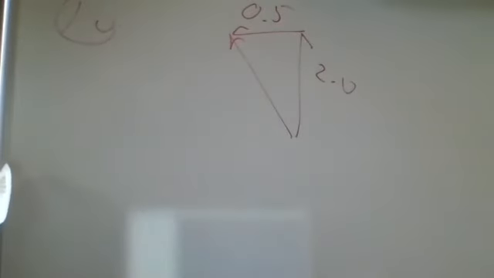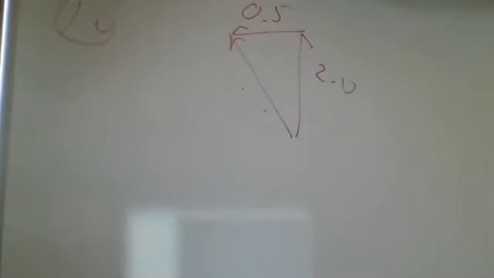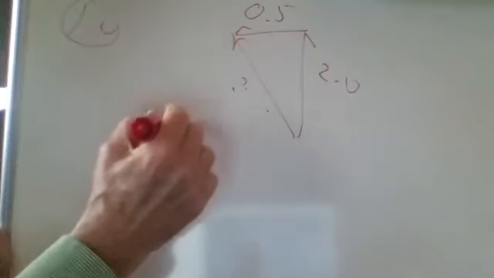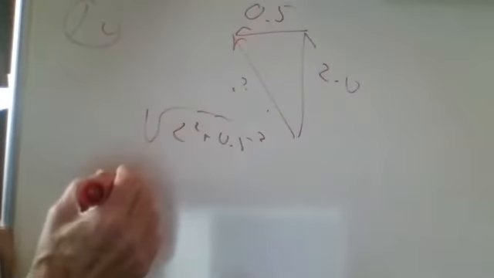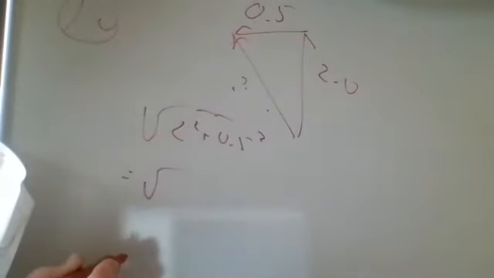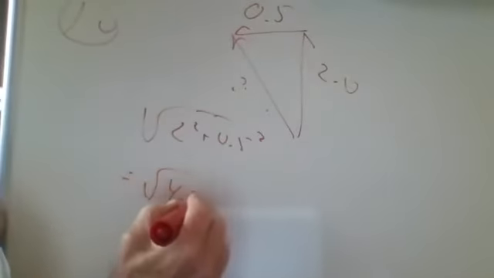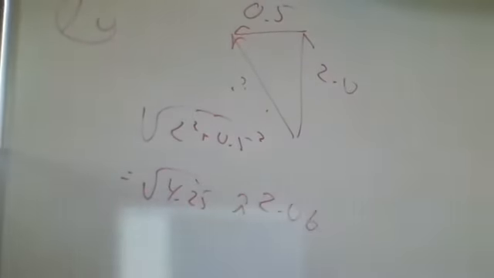Well, basically, this is my distance. This is resolving the vectors, resolution of vectors. So basically, this number right here is the square root of 2 squared plus 0.5 squared, which is going to be the square root of 4.25, which is approximately 2.06, which is answer C. I don't even need to do the angle, okay?